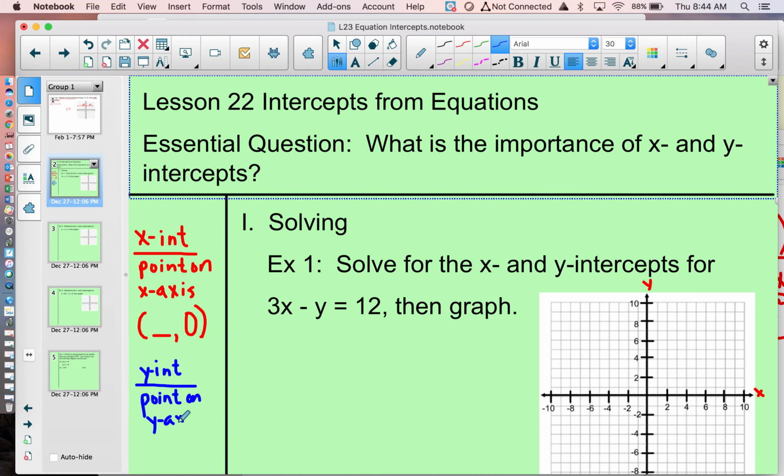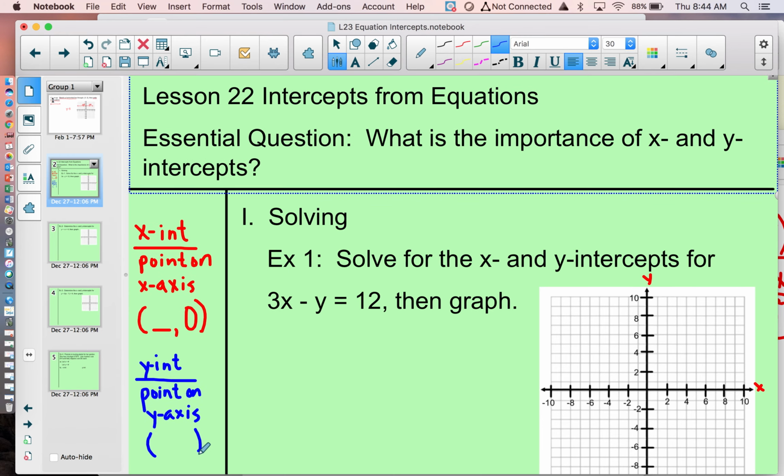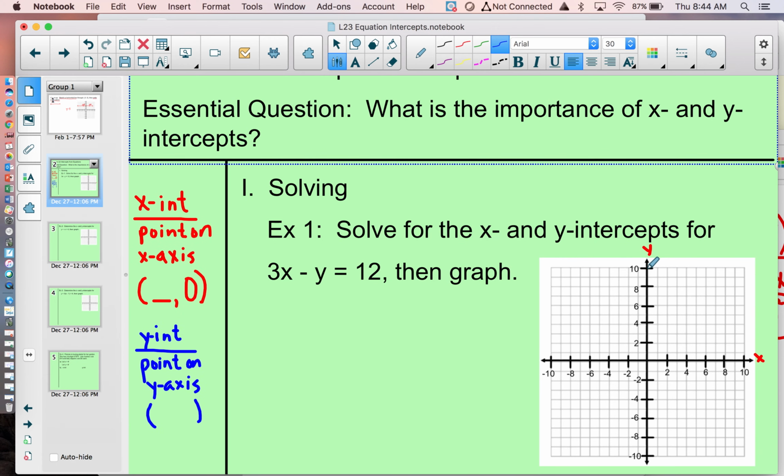However, any point on your y-axis will have a y value. It could have a y value of 10, could have a y value of -6, could have a y value of 7. We don't know what the y value is. That's what we're trying to find.